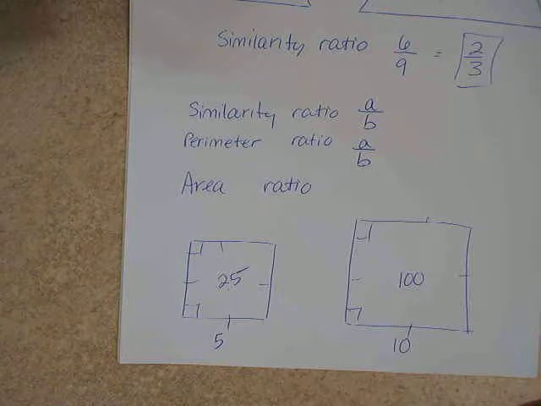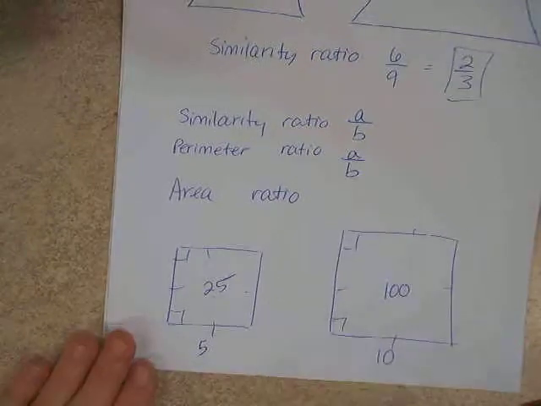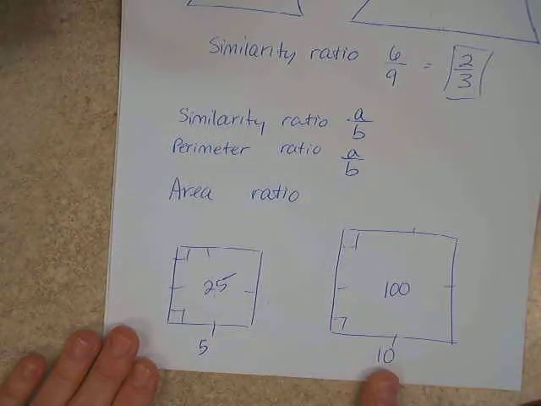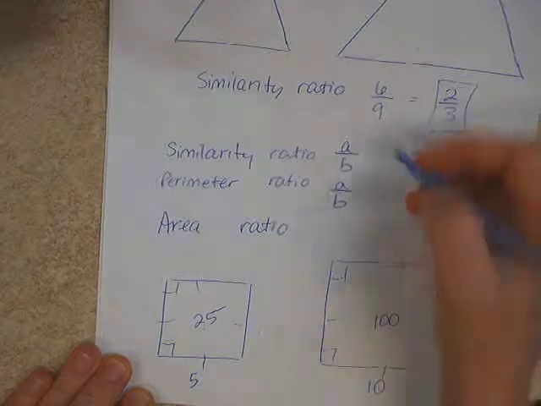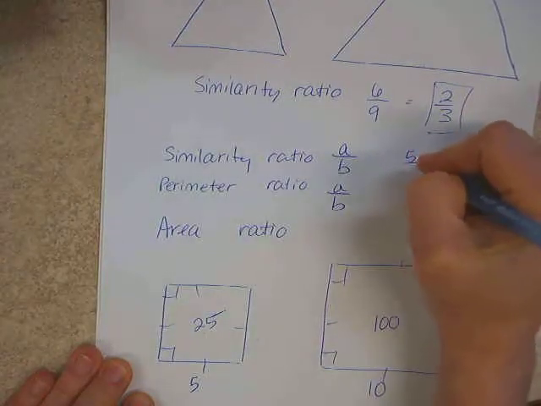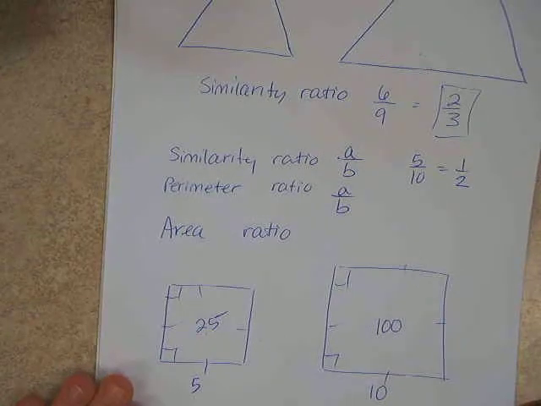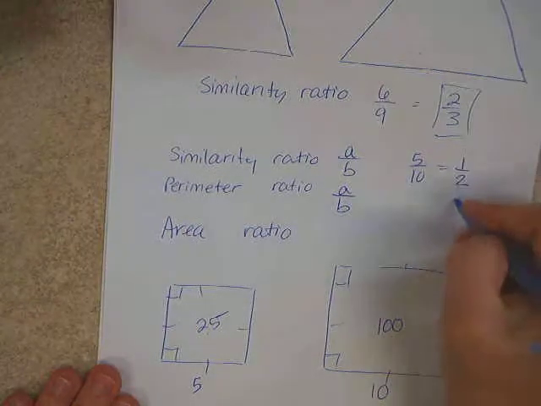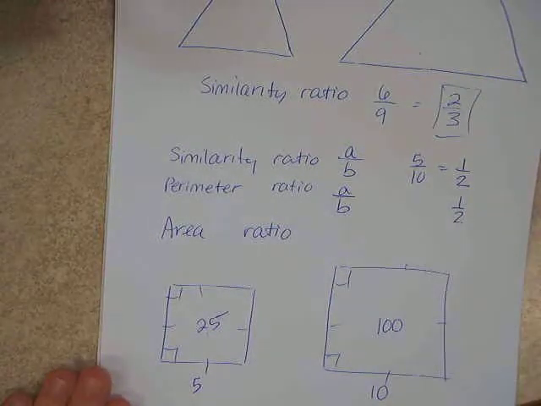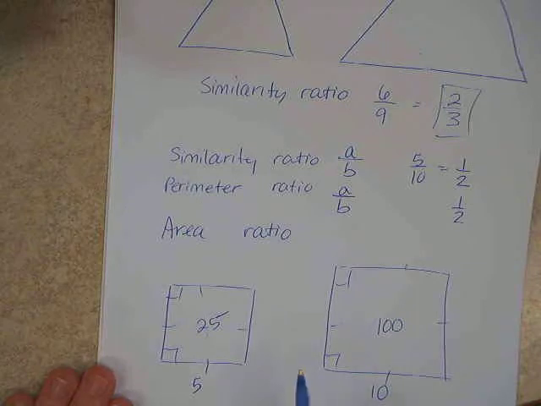You can see that the area is not twice as big, right? 100 is not twice as big as 25, but there is a relationship. So using 5 and 10 as our similarity ratio, you'd have 5 over 10, or 1 to 2, for your similarity ratio, which means your perimeter ratio would also be 1 to 2.